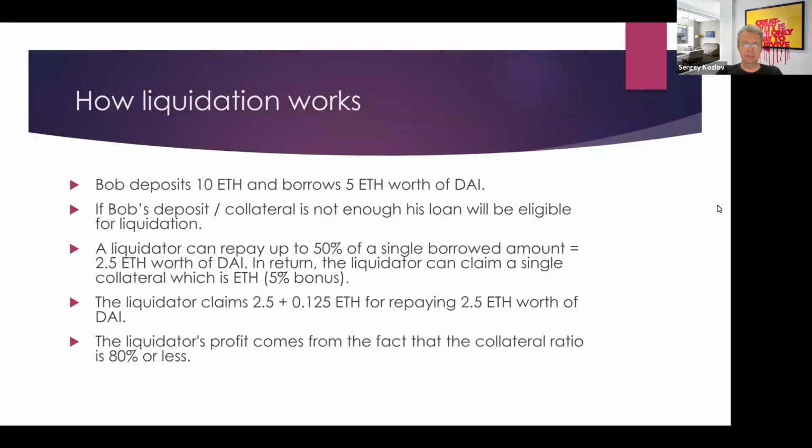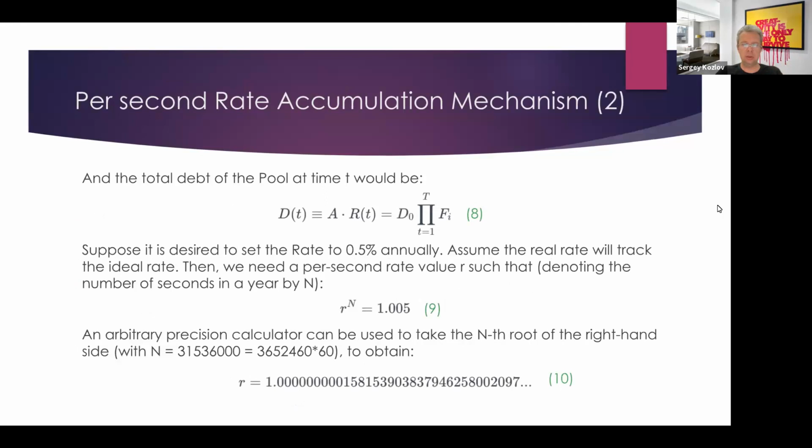Now that's the calculation of the per second rate if we want to achieve a half percent annual interest rate. So it's 1.0000. You see. So this is how the interest rates are calculated on smart contracts.